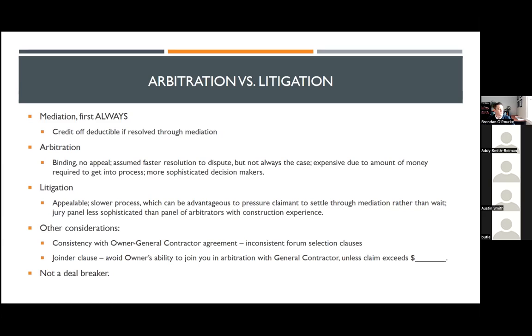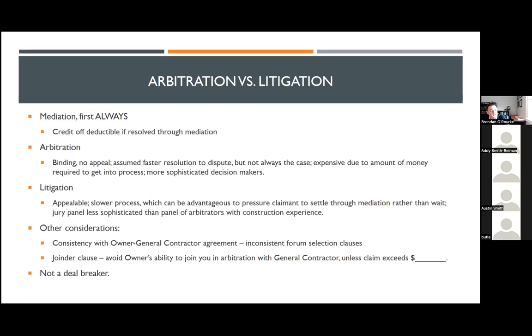Other considerations when you're thinking about arbitration versus litigation, and this is sort of a tactical decision, is that I enjoy when I get a claim and I see that there are inconsistent dispute resolution provisions between the owner's contract with the design professional and its contract with the general contractor. In essence, what that means is if the owner is making a claim against both you and the contractor for water infiltration or something along those lines, they're going to be fighting it on two different fronts.